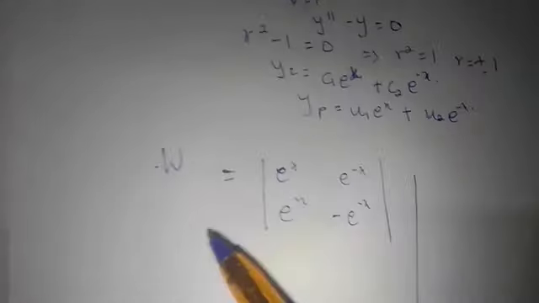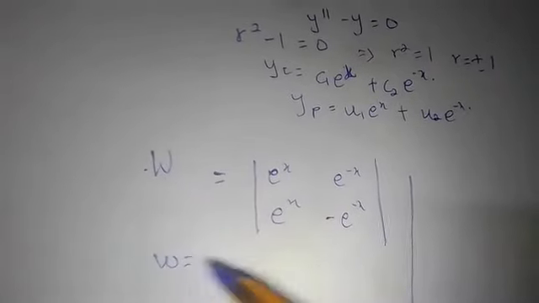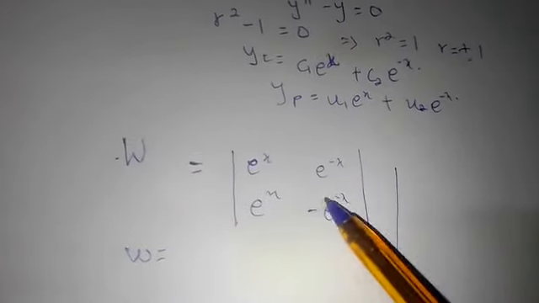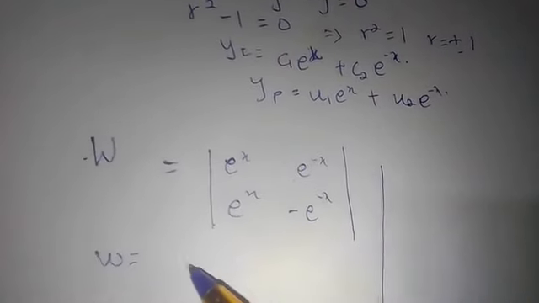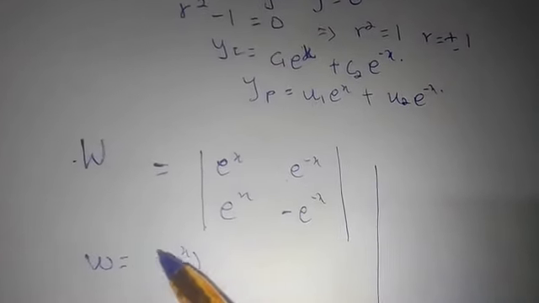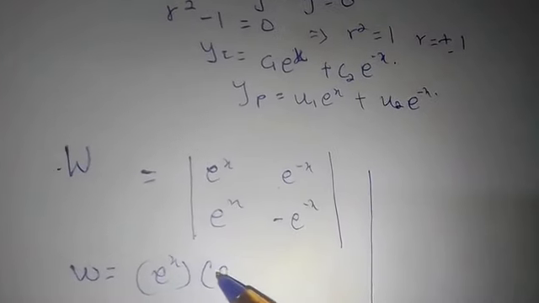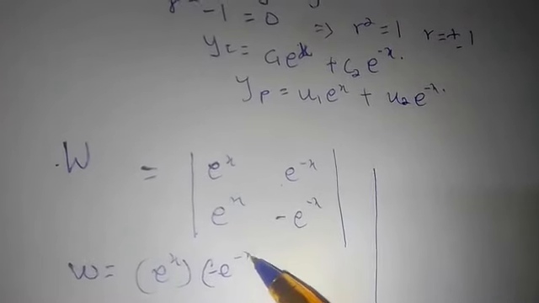Finding the Wronskian is the same as finding the determinant: you cross here minus you cross here. So I get e to the power x multiplied by negative e to the power negative x, minus e to the power x multiplied by e to the power negative x.